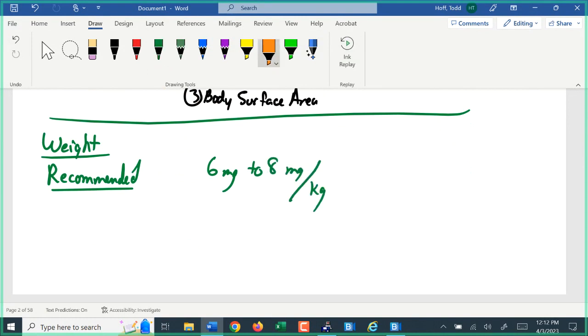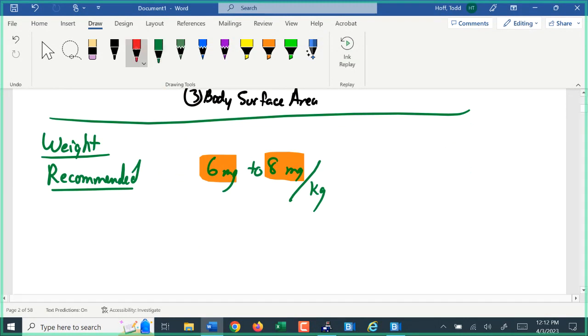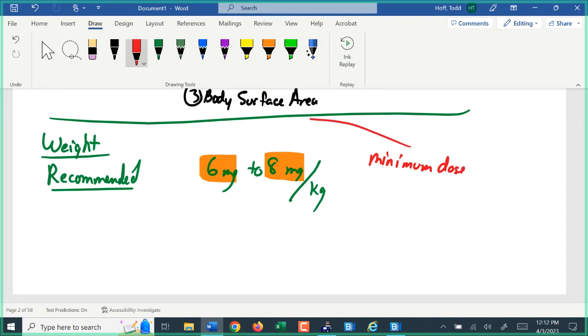So what this is doing is giving us a minimum and a maximum amount. So the minimum dose would be based off of the 6 milligrams per kilogram, and the maximum dose would be based off of the 8 milligrams per kilogram.